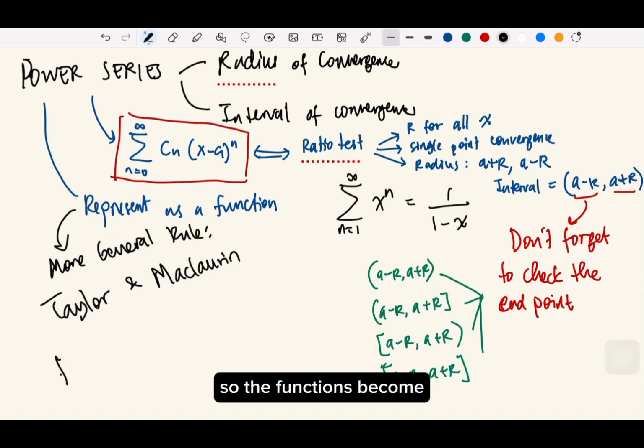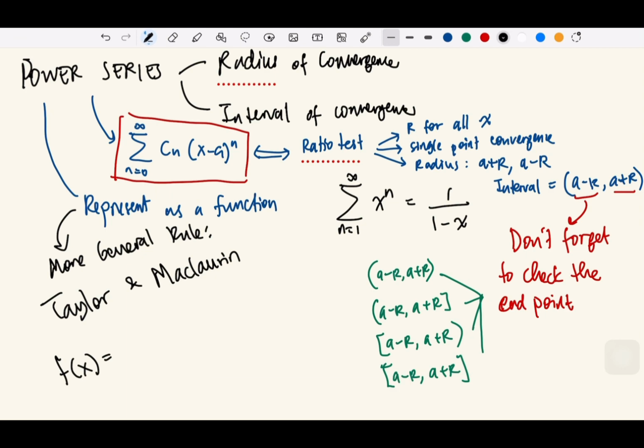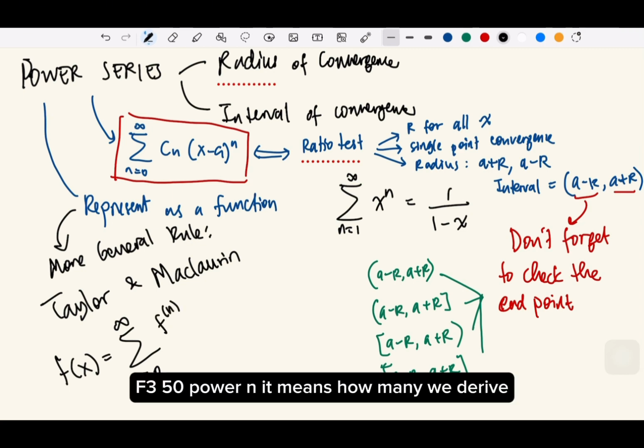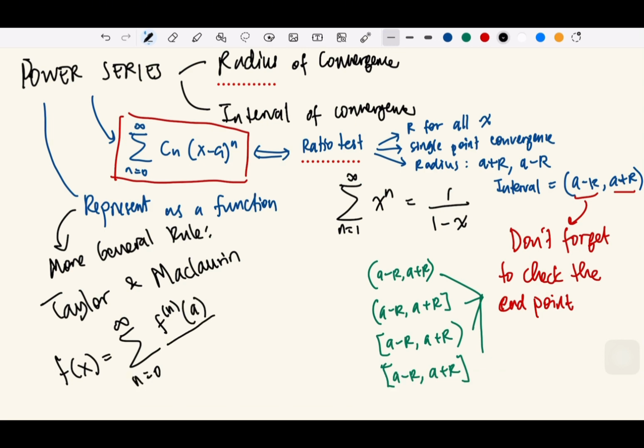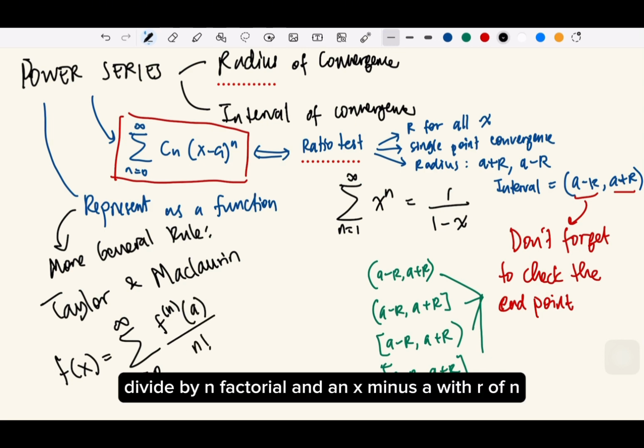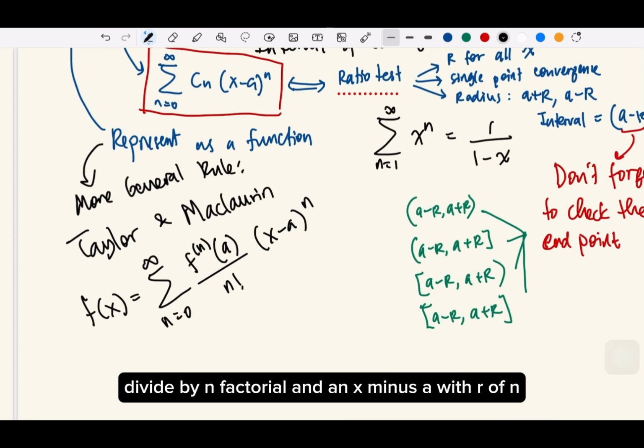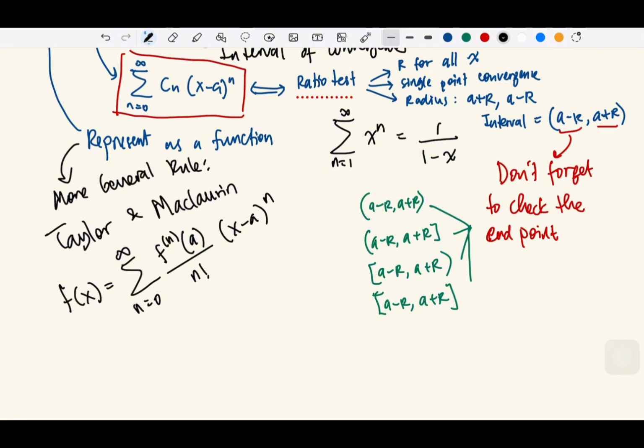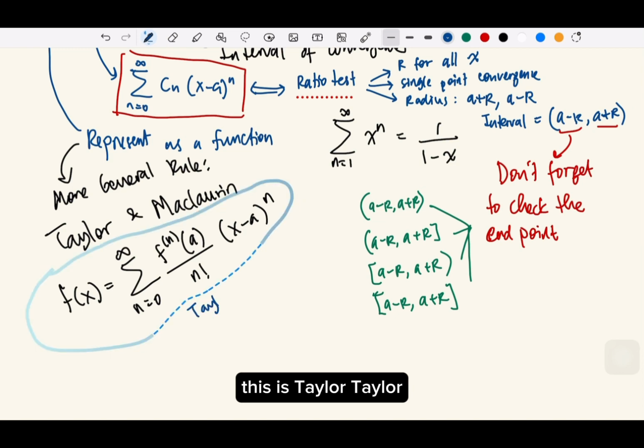So the function becomes, for the Taylor, f derivative power n, it means how many times we differentiate, divided by n factorial, and then x minus a to the power of n. This is Taylor.